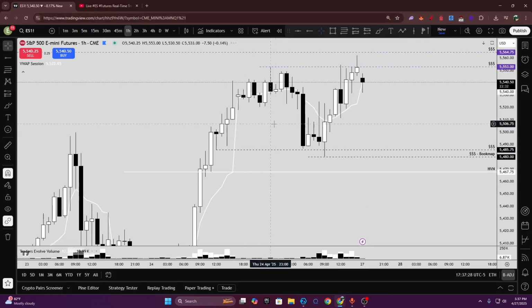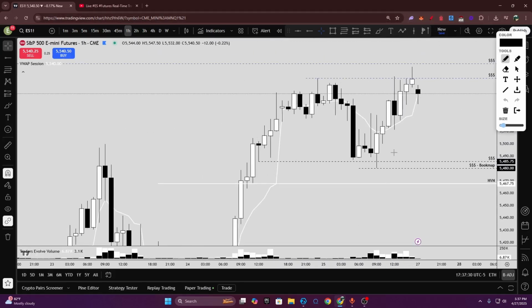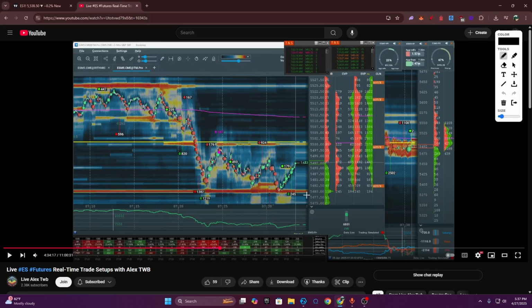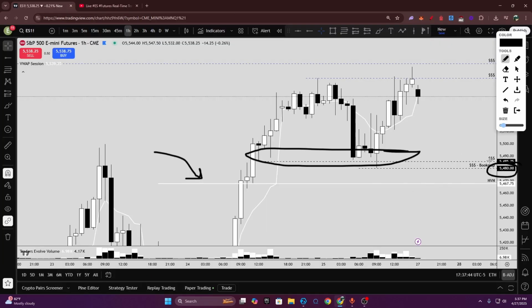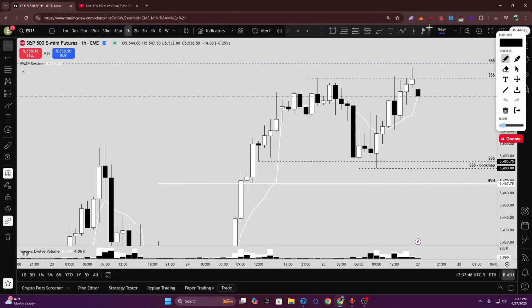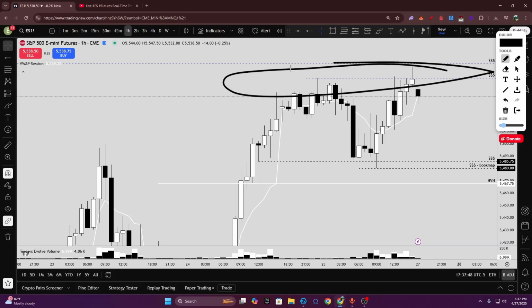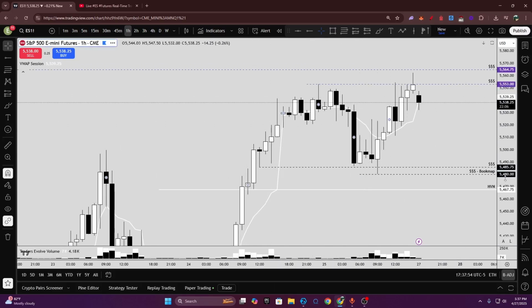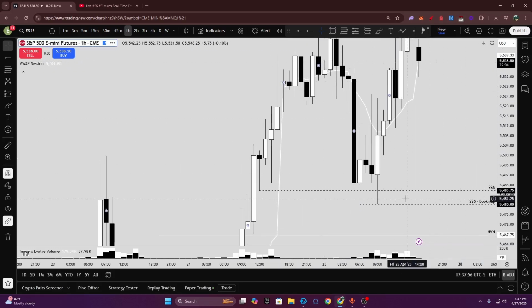On the 1 hour, we have a key liquidity level down here at these lows. And then this is where a high volume node is. And if you look on Bookmap, 5480 is an area where there's lots of Bookmap liquidity as well. And we marked out our upper liquidity levels as well. And these are simple markings of market structure and their key levels. Here at V2, we just call that liquidity.